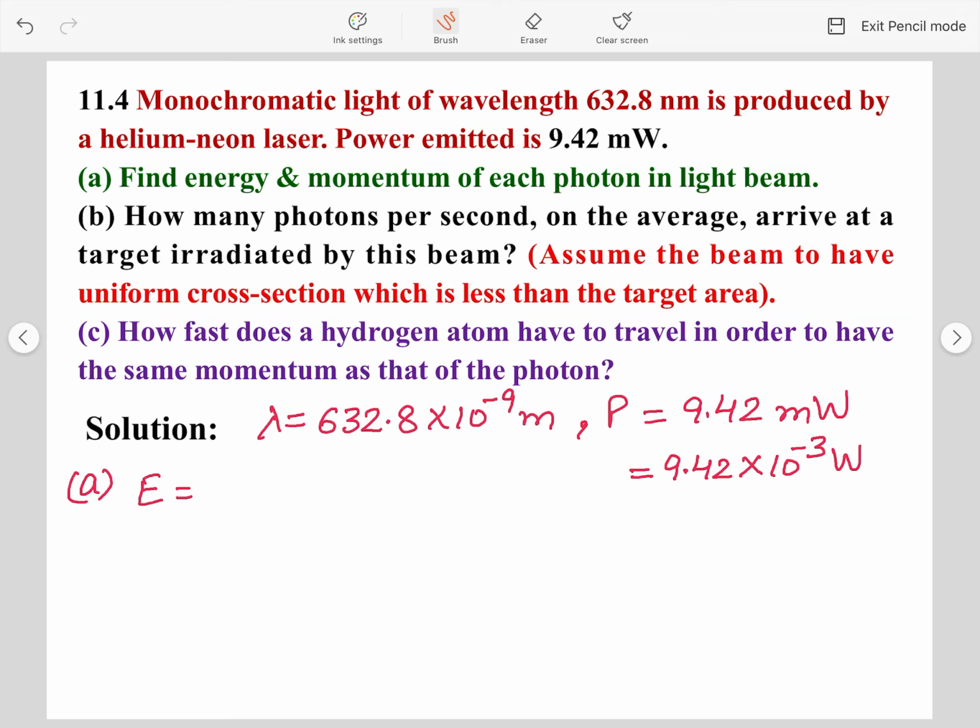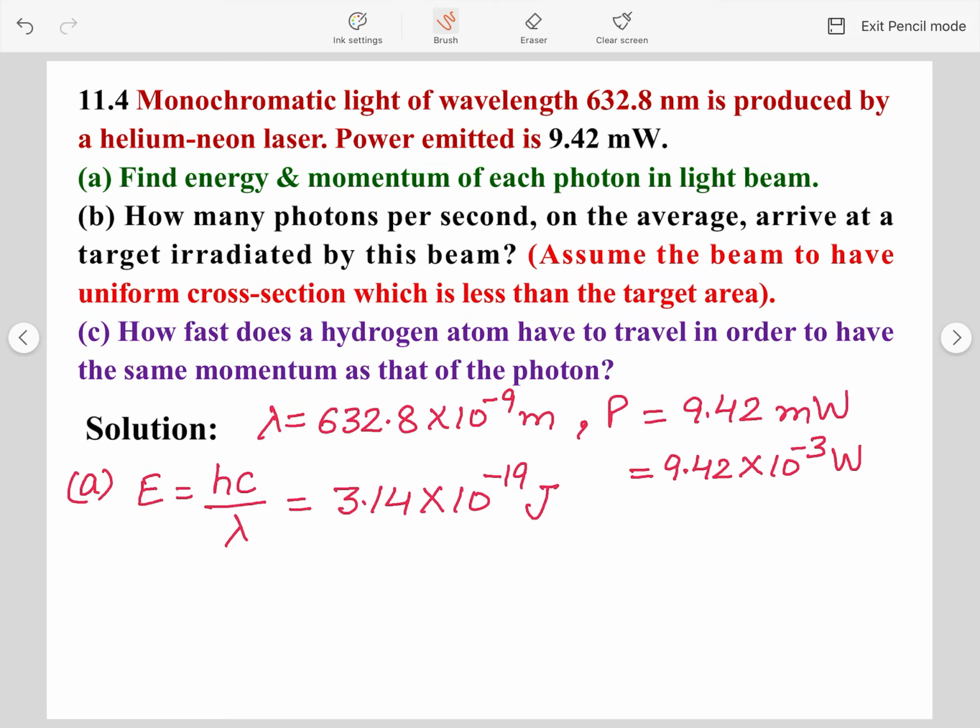E is equal to either h nu or hc upon lambda. h is constant, c is constant, lambda is given. Just put the values and solve. Directly I can write the answer will be 3.14 into 10 raised to power minus 19 joule.